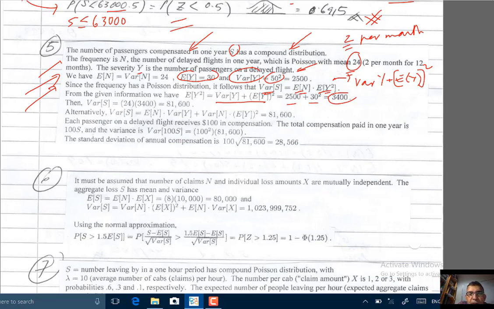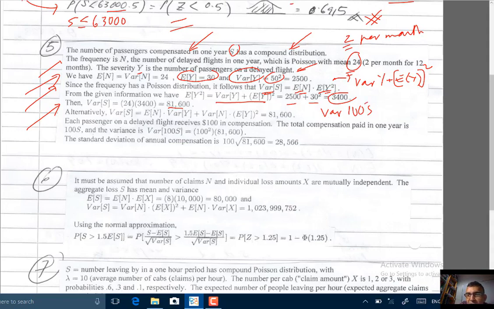The expected value of N we know is 24. 24 times 3400, that's what you see here. That's the variance of S. But we are looking for the variance of 100S. Why 100S? Because they tell me in the question that each passenger is compensated $100.